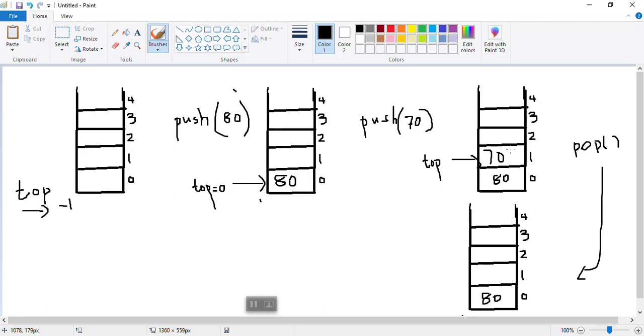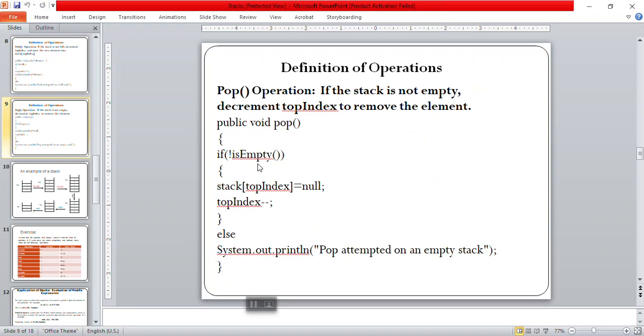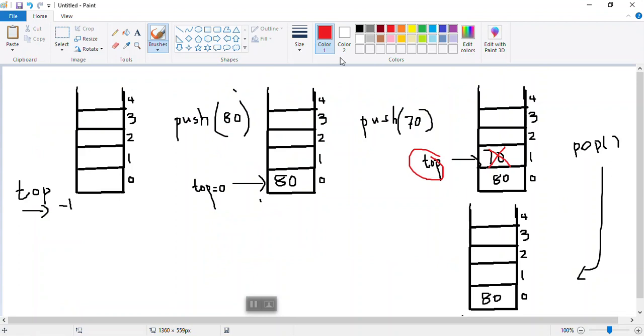This 70 gets deleted, and the top value will come down and be decremented by 1. In pop, the current top index is made null and top is decremented by 1. So now the top value is 0. Okay, understood?